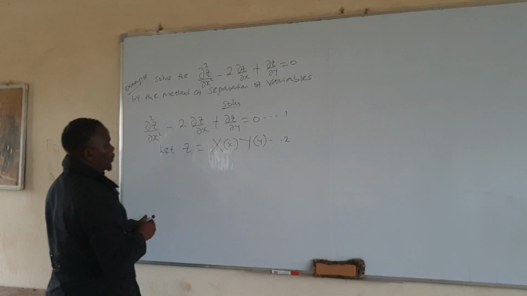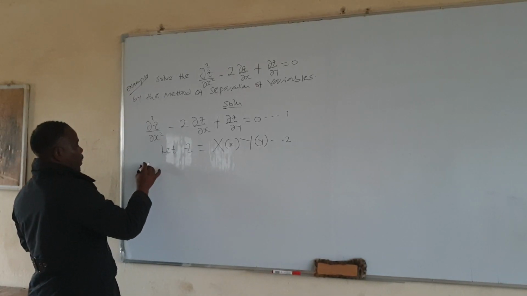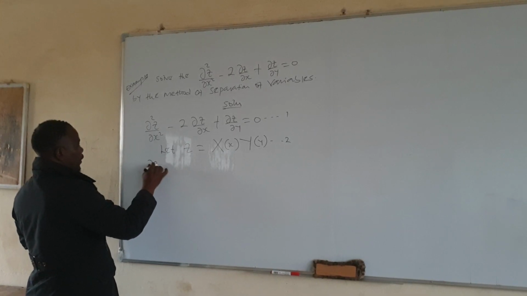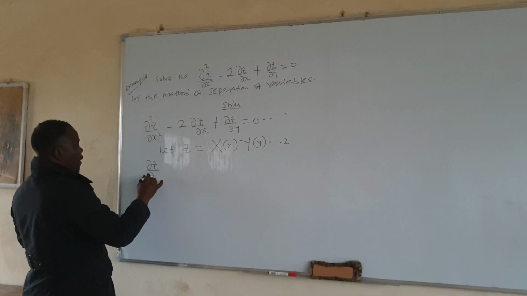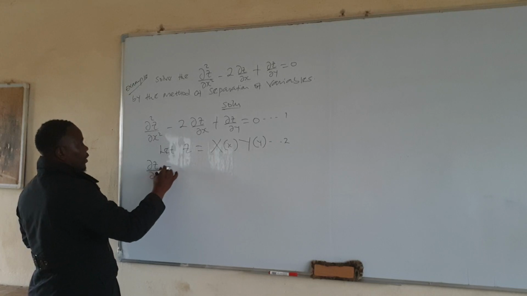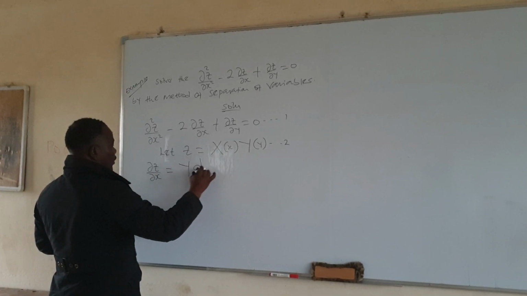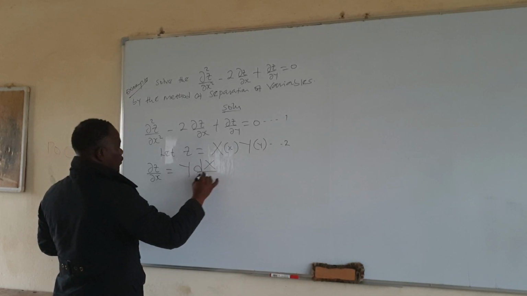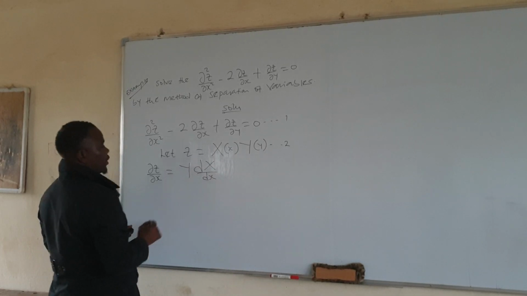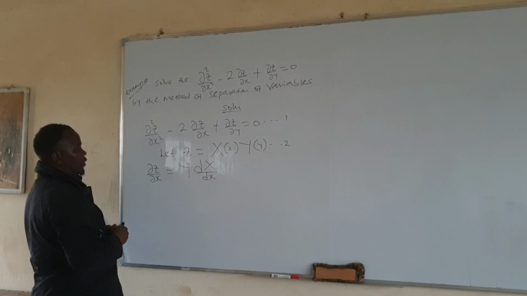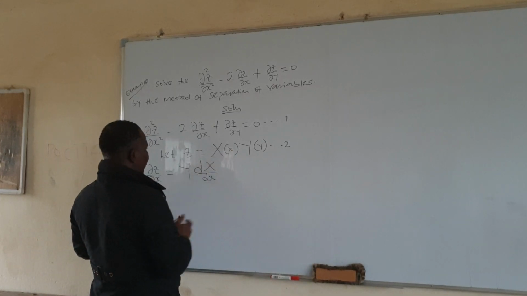Let's differentiate this function. Partial z all over partial x is going to give us Y dX all over dx. Is that clear? Then X is a function of x.